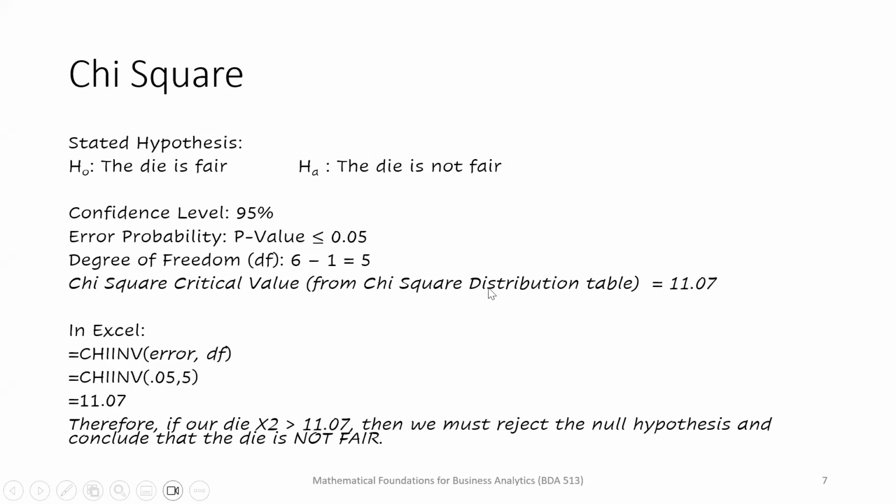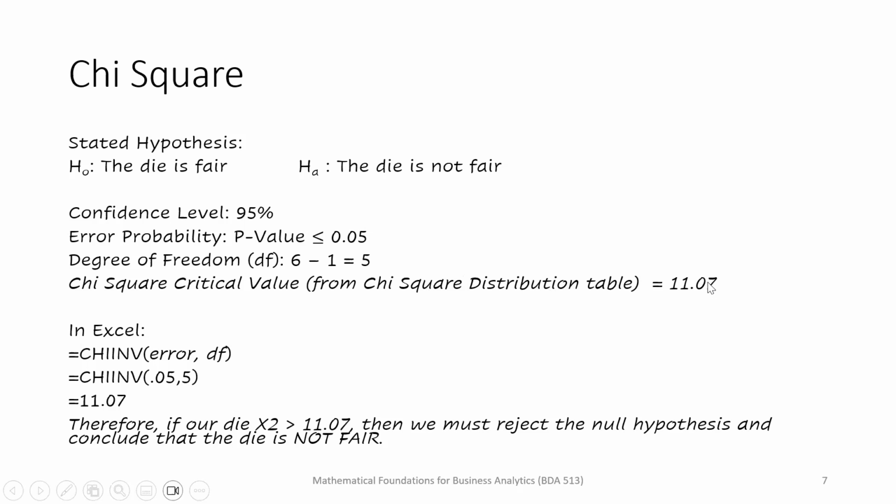But for now, when you read from the table, all that you need to do, first of all, is establish your confidence level. We know our error probability. Establish your degree of freedom, and then you can read the chi-square critical value from the chi-square distribution table, which in this case is 11.07.